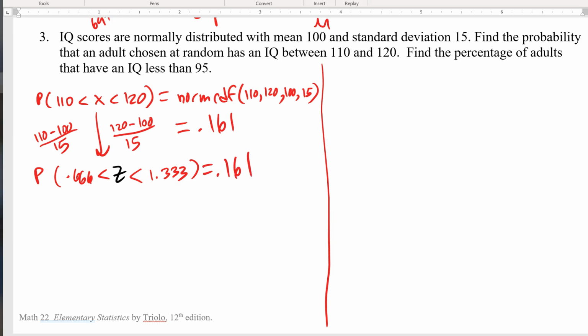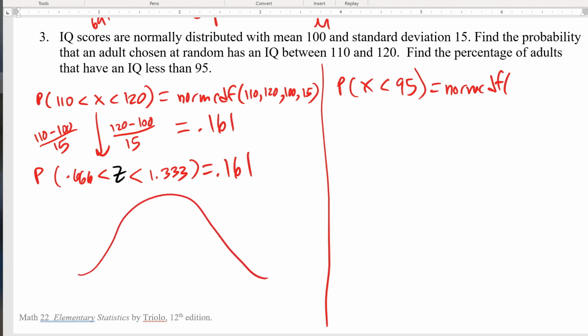Okay. This one, it says IQ less than 95. Norm CDF. What's my minimum? If you're not sure, then you should be stopping and drawing these out. Okay? Because this one was easy to say, okay, the mean's 100. Then it'd be 115.